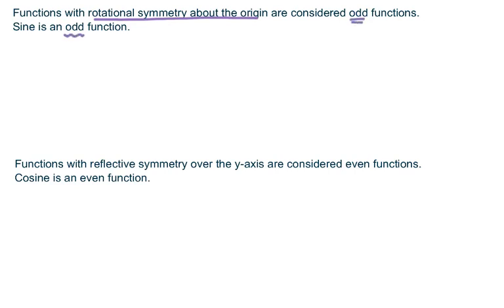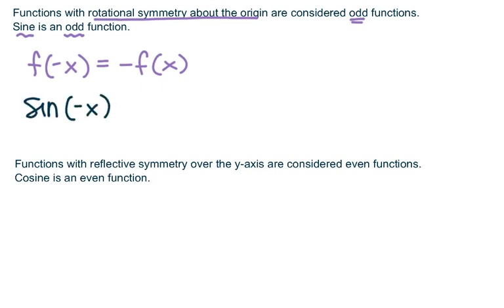Sine is an odd function. Our algebraic definition of an odd function is f of negative x equals negative f of x. Translating that to trig, sine of negative x is the same as negative sine of x.